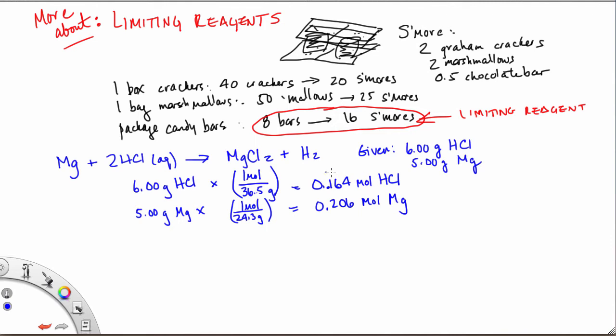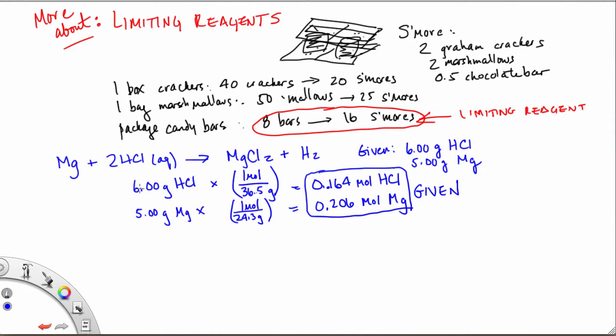Okay, so just to remind me that these are my given quantities, I've just converted them from grams into moles. So I'll label them again over here. This is what I have, my given. Now what I want to do is figure out what are my needed quantities.